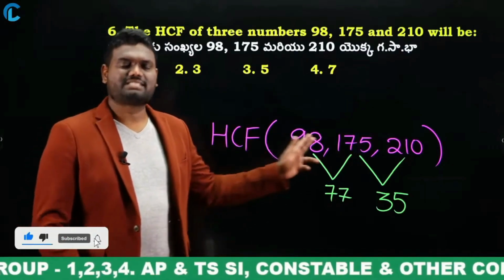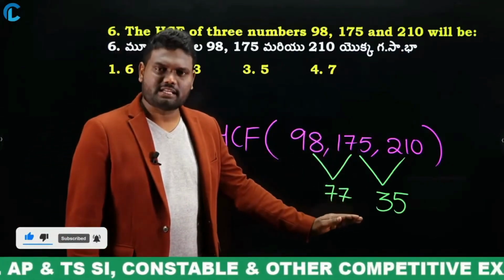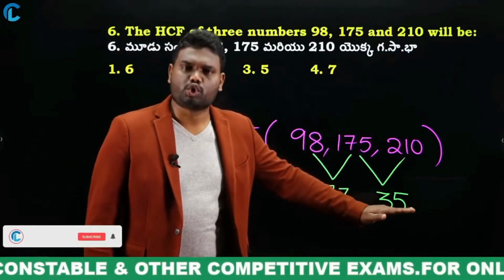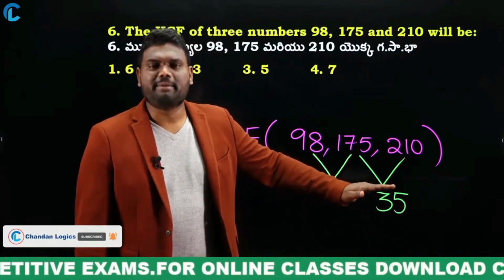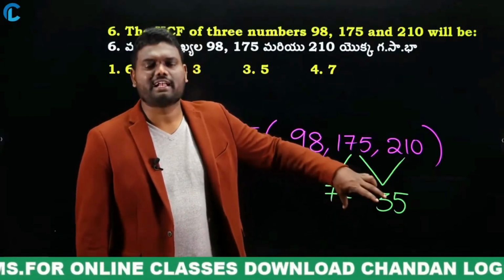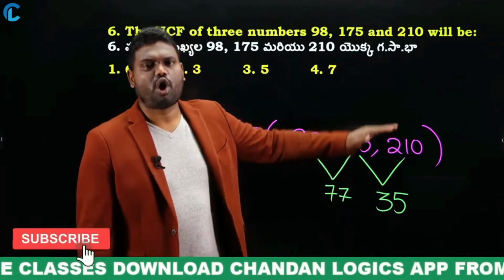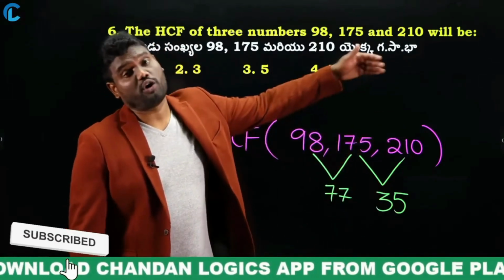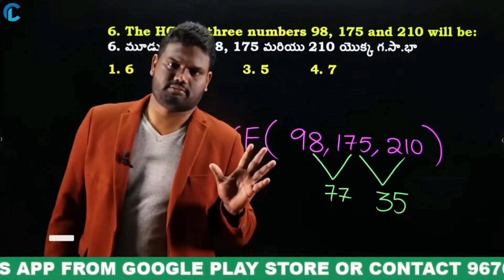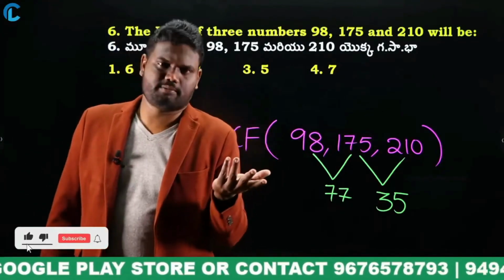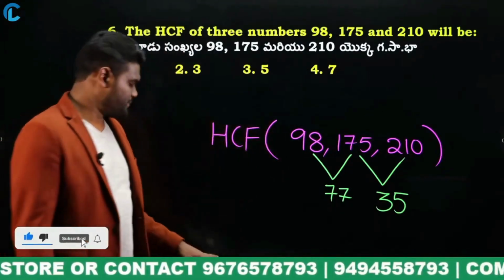Just take the difference till you get 2 numbers. Whether you calculate for these 2 numbers, these 3 numbers, or 4 numbers, the answer is going to be the same. If you want, you can check it; there is no change.